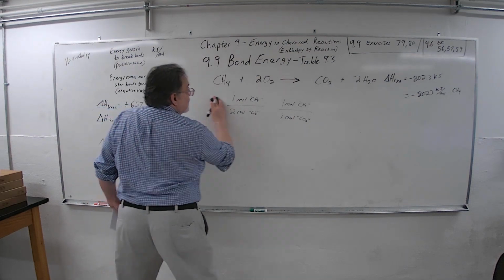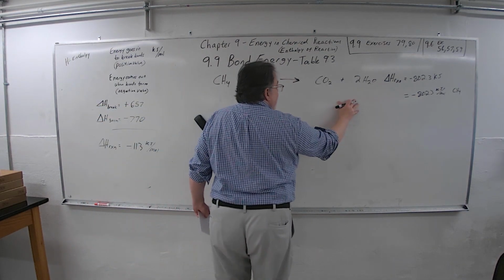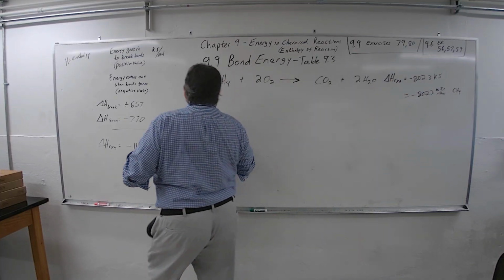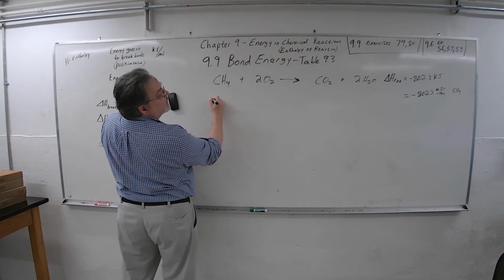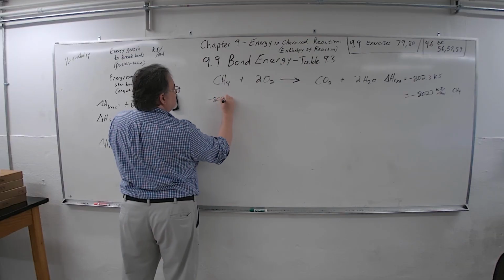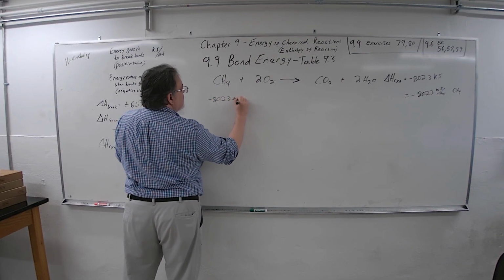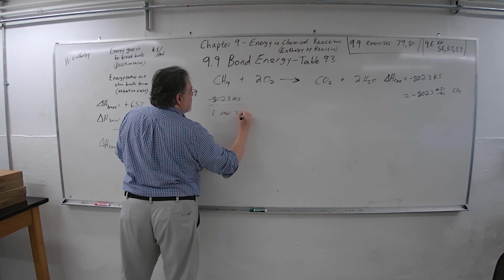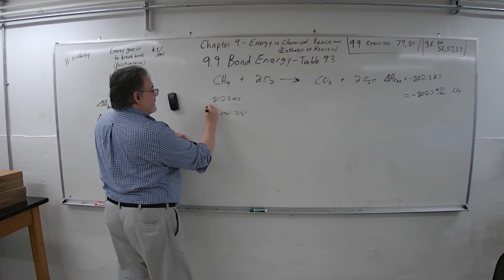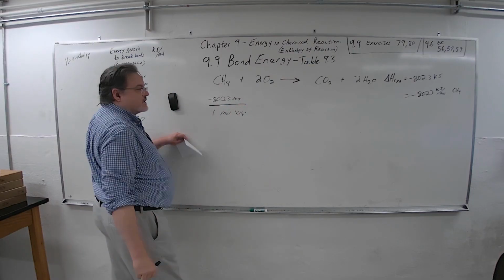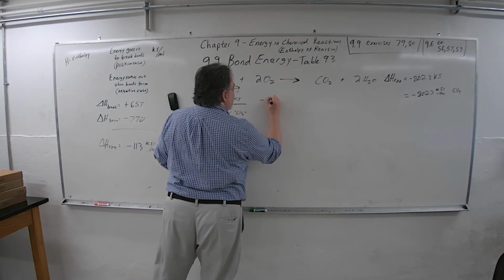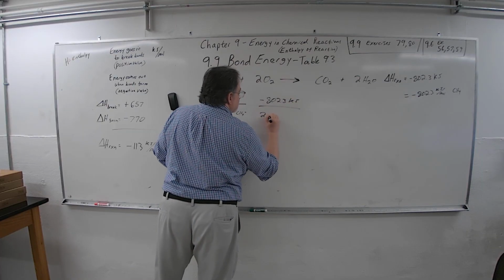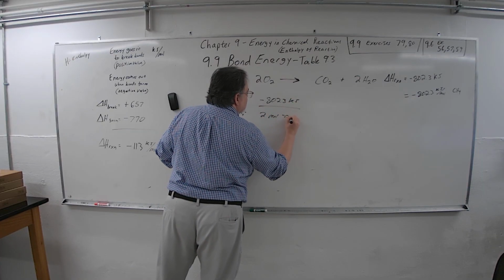Similarly, when you're given a balanced reaction and you're given this, what it means is negative 802.3 kilojoules for 1 mole of CH4. That's one of the relationships that's here. Another one is negative 802.3 kilojoules to 2 moles of O2.